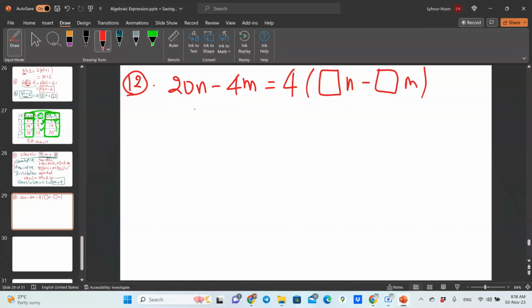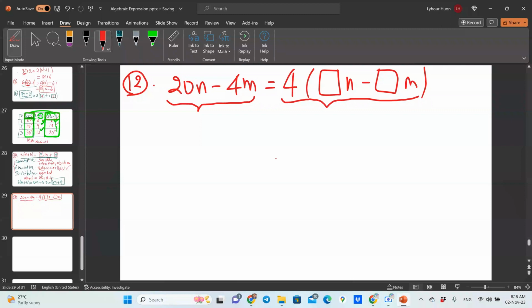So we start from the left side, and convert it to 5n subtracted by about 1m.